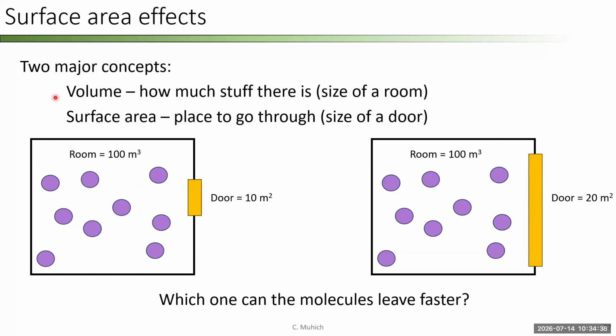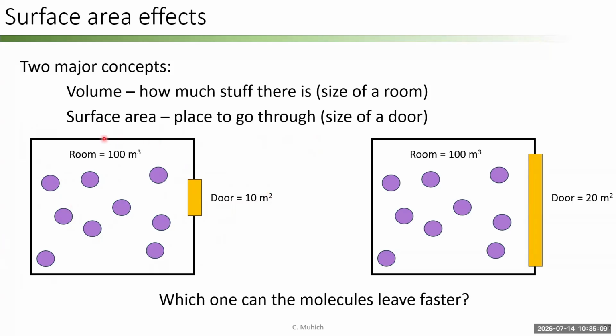One is the volume, so how much stuff is there. In our analogy, we can think of it as the size of a room or a box containing these scent molecules. And the surface area, which we can think about as the door. That's the area through which these molecules must move to get out of the leaf or the box.